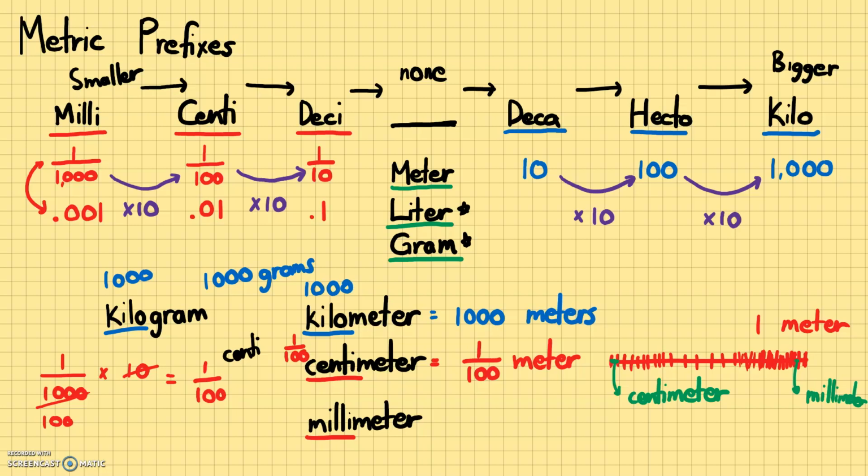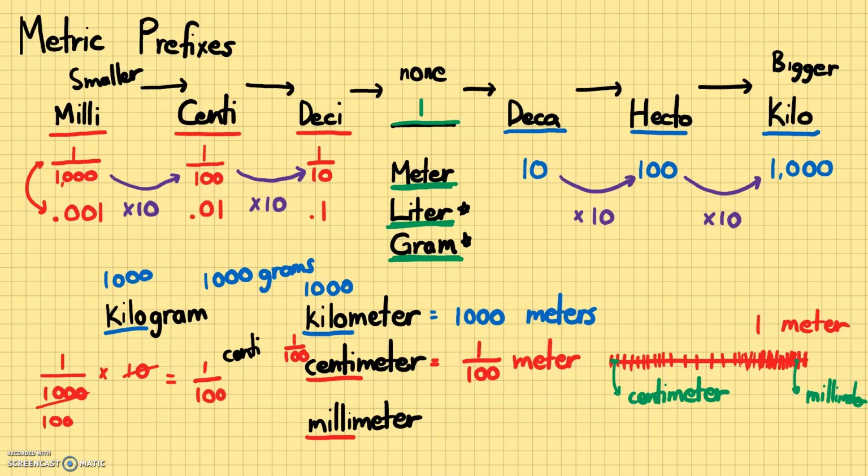Okay, and you might be wondering, what is this middle part here? What is this middle part where we don't have anything? So this is when we don't have a metric prefix, meaning if we just have meter or liter or gram, this just means 1, right? When you just say meter, it means we have 1 meter. Or we can say 2 meters or 3 meters. So when there's no metric prefix, you can consider the prefix to be 1.